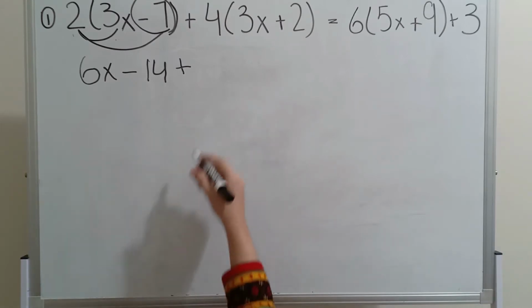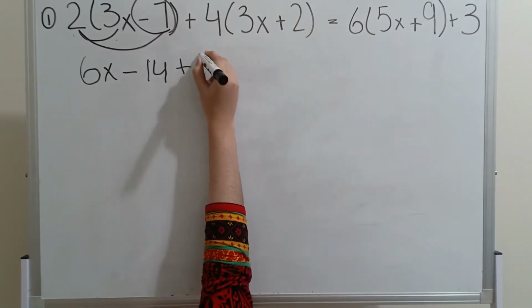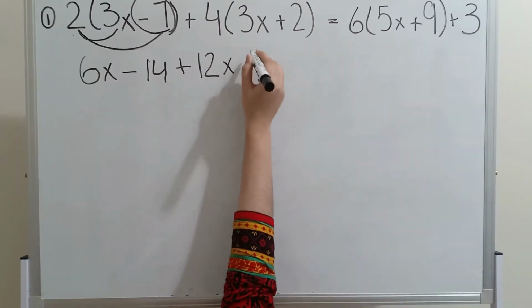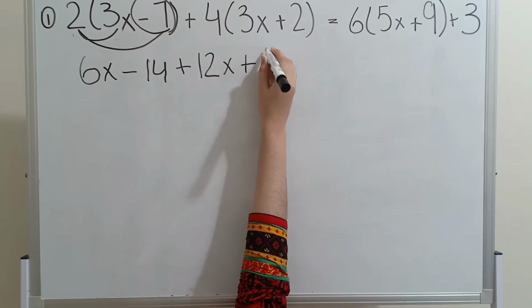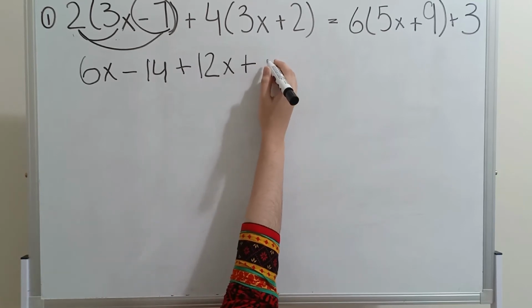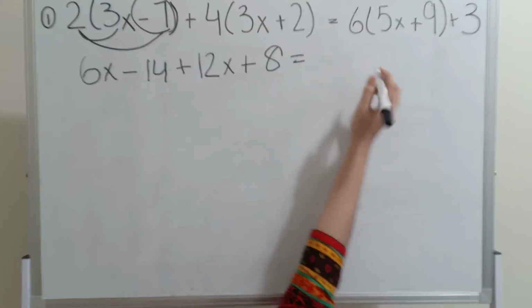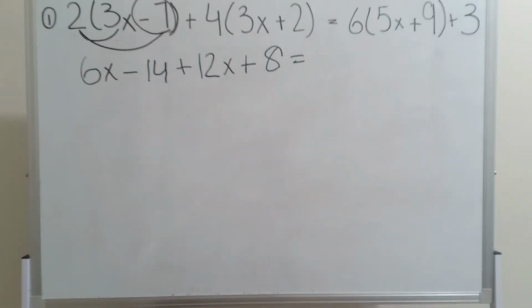Now 4 times 3 is 12x plus 4 times 2 is 8, equals. We're going to simplify the other part of the equation.